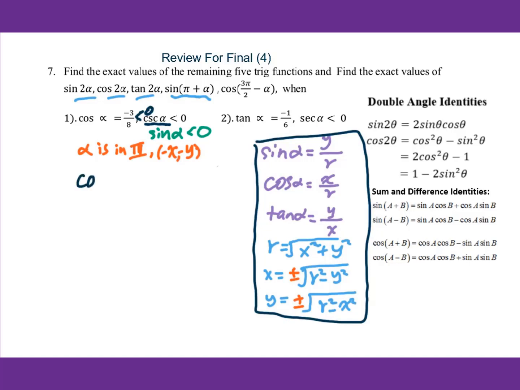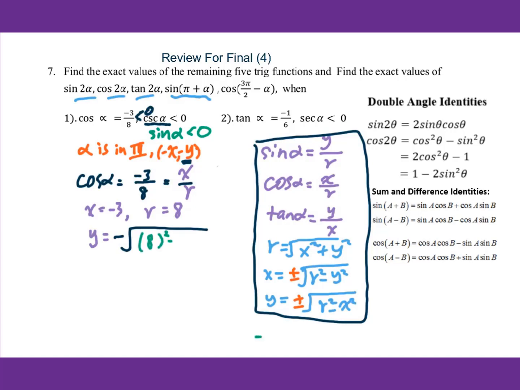We have cosine alpha equals negative 3 over 8. That means x over r. x equals negative 3 and r equals 8. Then we look for y. y is negative, as shown over here. Therefore, we take the negative square root.